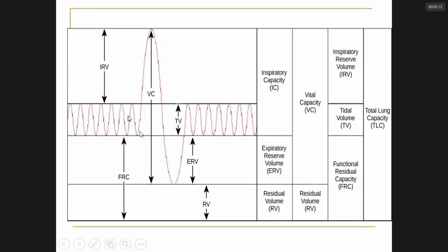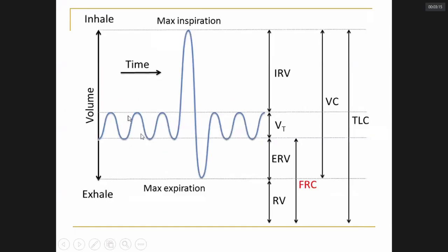Again, you must be able to label these diagrams, right?